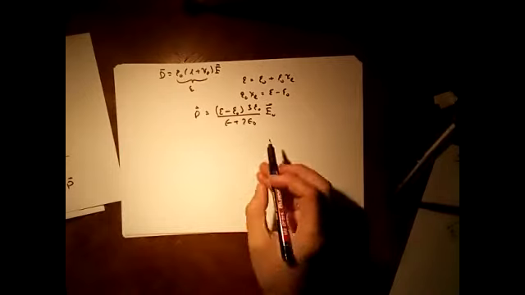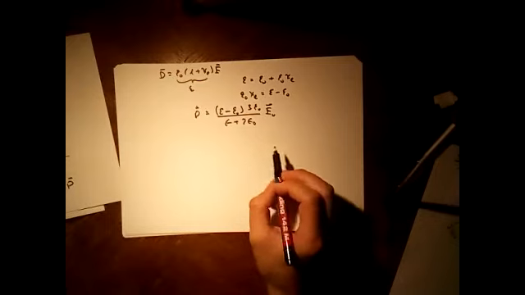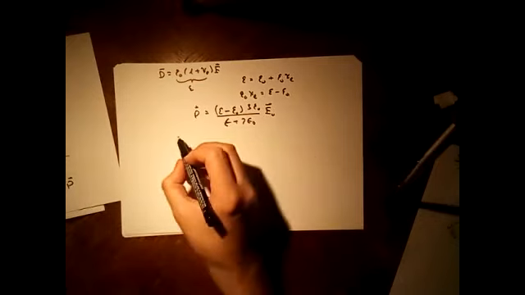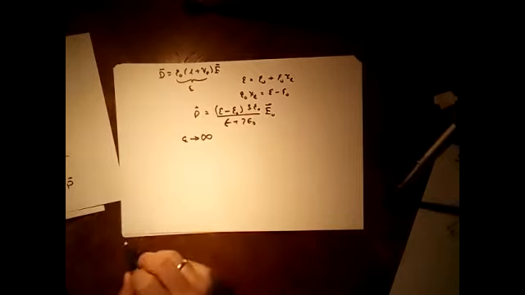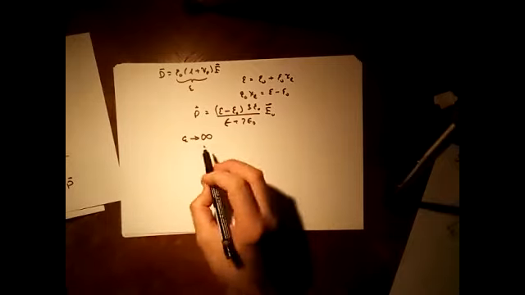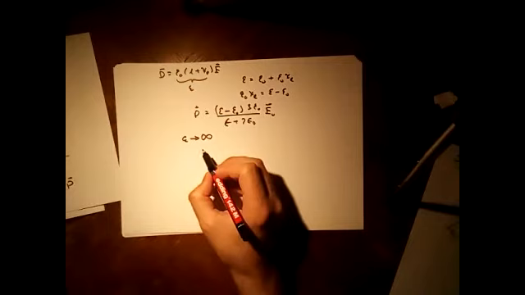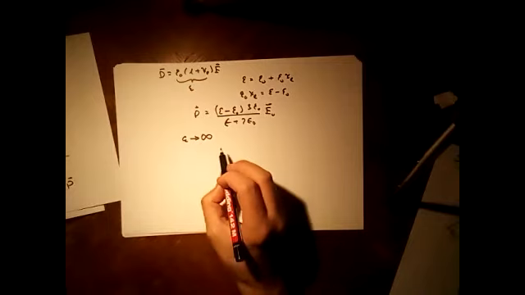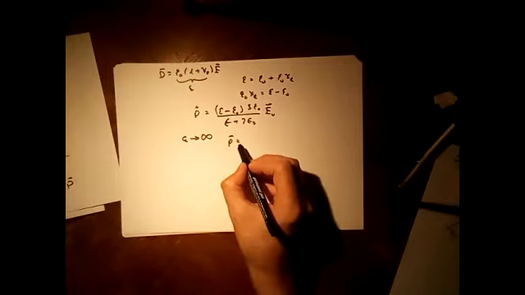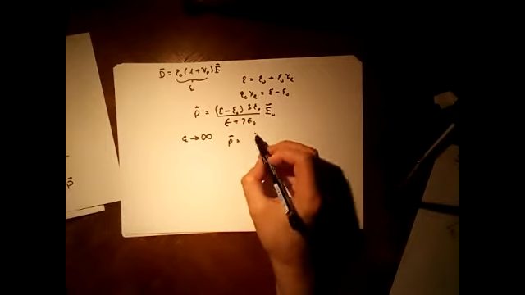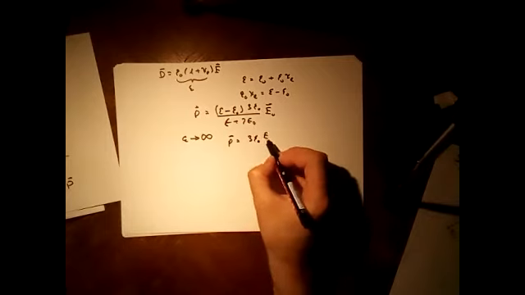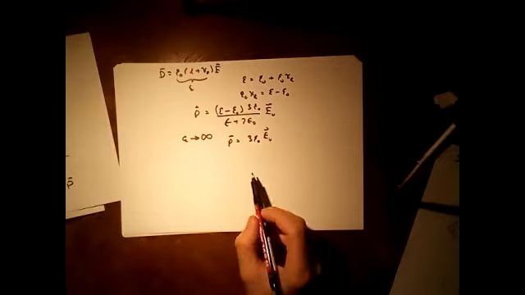And that E0, of course, is our incident field. Now let us take the limit of epsilon going to infinity, which is valid for a conductor. So the polarization per unit volume is P equal to 3 epsilon 0 E0, okay?